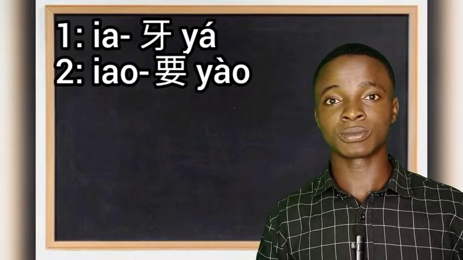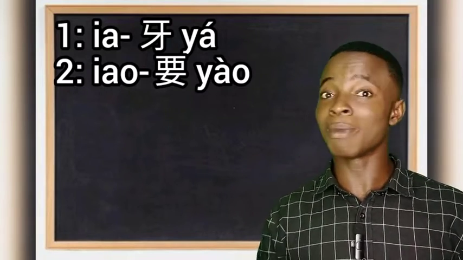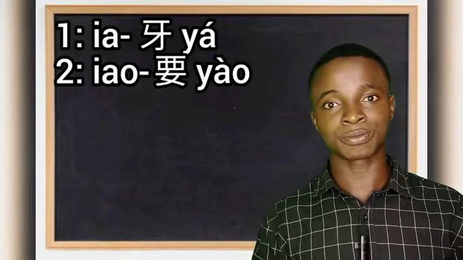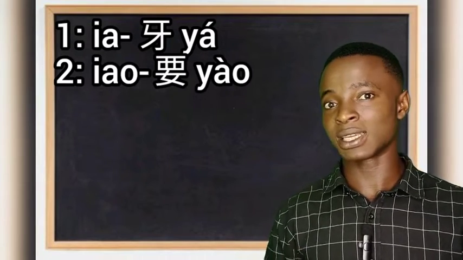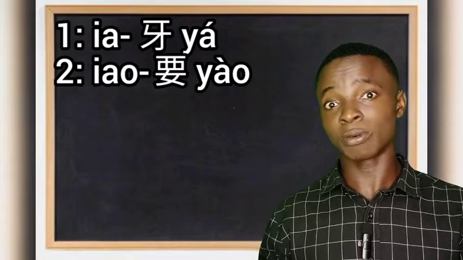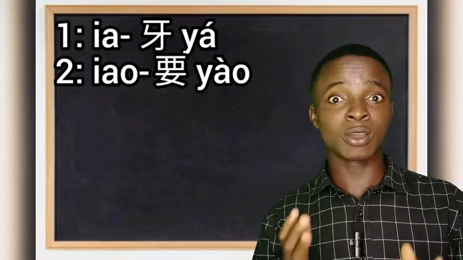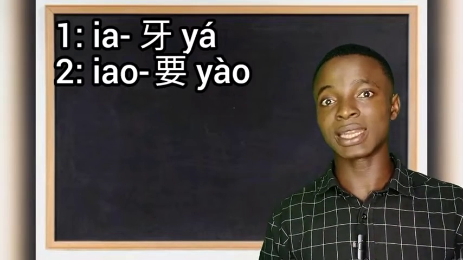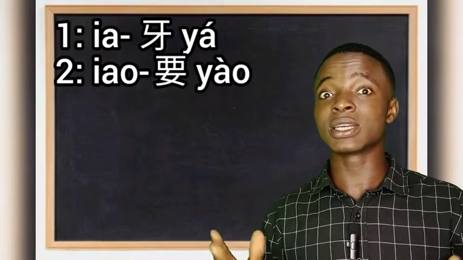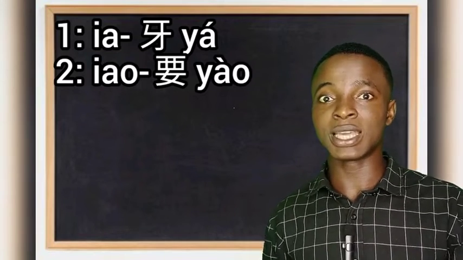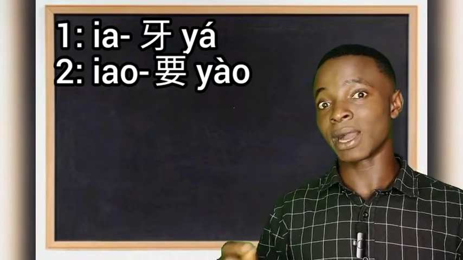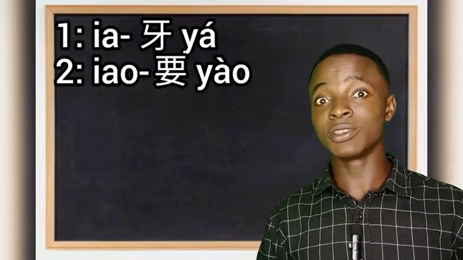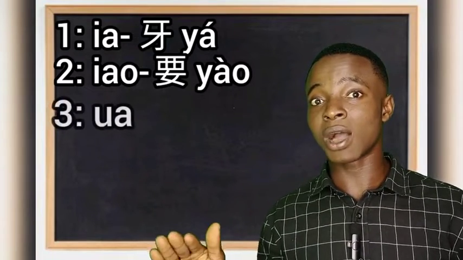Yao. Now, always observe where we mark our tones on these syllables. You can see that we mark the tone on top of the a in yao because we have i and ao there, and the ao is the compound final. We follow it alphabetically by marking the tone on top of the a, giving us yao.